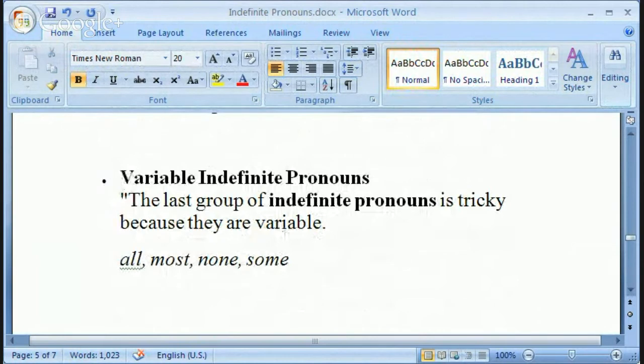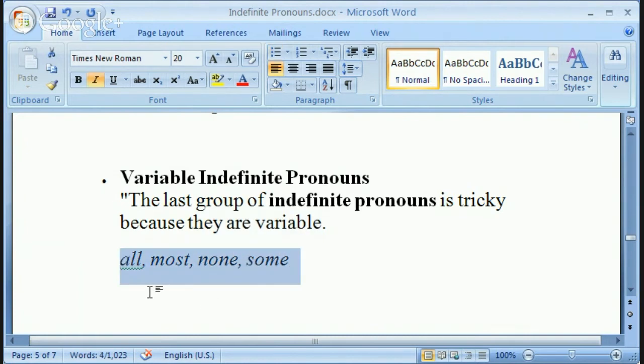Now the tricky part. I'm sorry for those who didn't get a chance, but I definitely need to introduce you to this idea before we finish the class, and I would like everyone to try, because this is the hard one. The last group of indefinite pronouns is tricky because they are variable. They vary. Some go this way, some go that way.